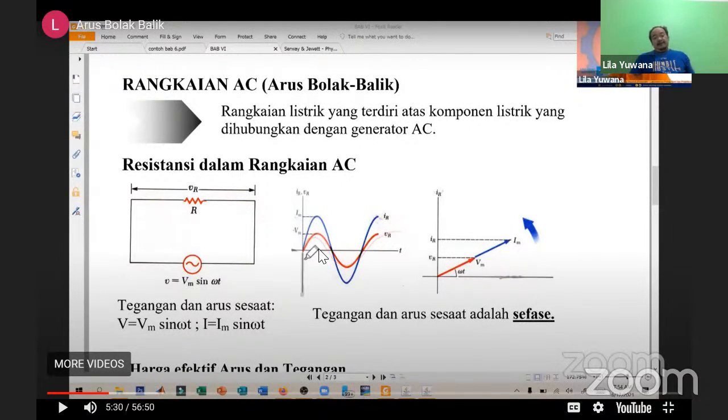Now, according to the law, if we have V equals Vm sin omega t, the current also has the sinusoidal form. So the instantaneous current is current maximum sin omega t.